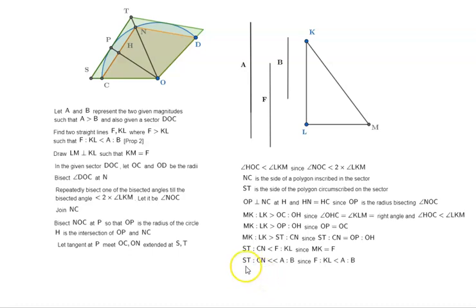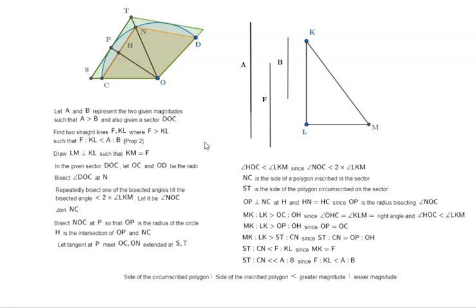So since ST is to CN is less than F is to KL, and F is to KL is less than A is to B, that means ST is to CN is much less than A is to B. So we can say that the side of the circumscribed polygon is to the side of the inscribed polygon less than the greater magnitude is to the lesser magnitude in the case of a sector, which is what this proposition is talking about.